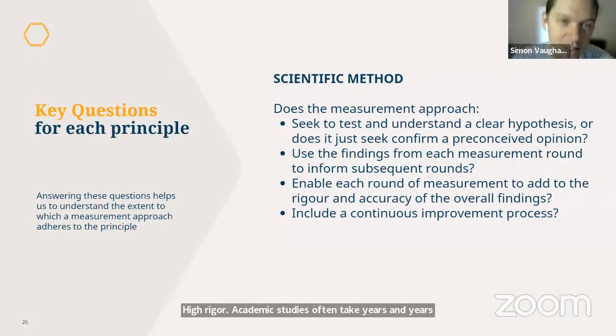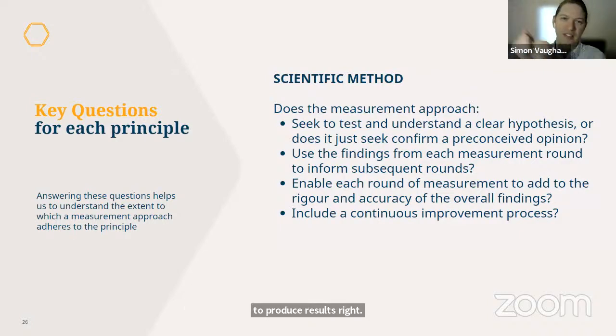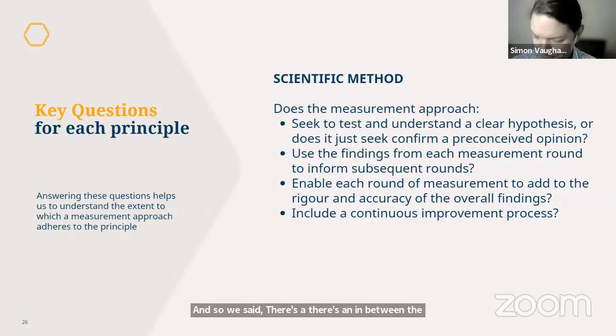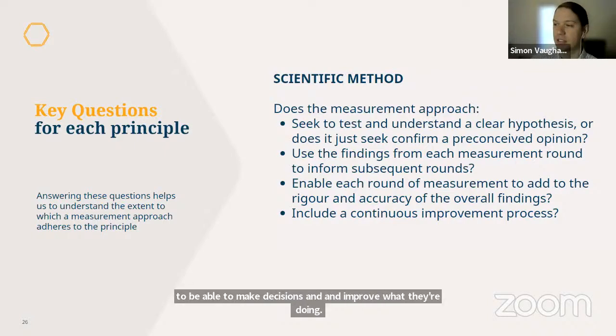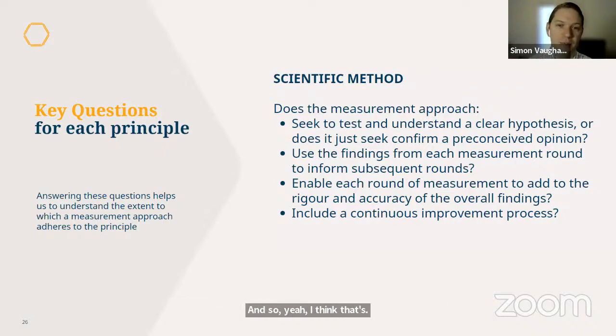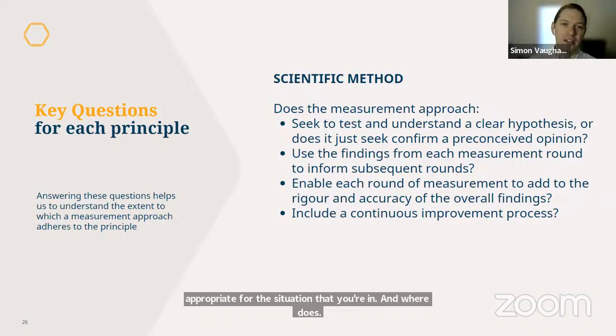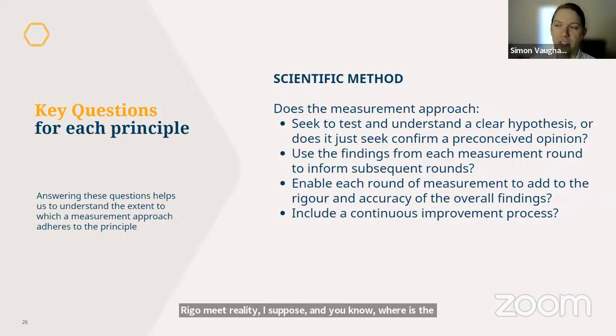And so we said there's an in-between where we try to take as much of that scientific rigor in as possible, but we also need it to be actionable, valuable, and fast, really, for organizations to be able to make decisions and improve what they're doing. And so I think that's core to all these principles: reflecting on what is appropriate for the situation you're in, and where rigor meets reality, I suppose, and where is the practical reality that you can live in to achieve what you want to achieve.